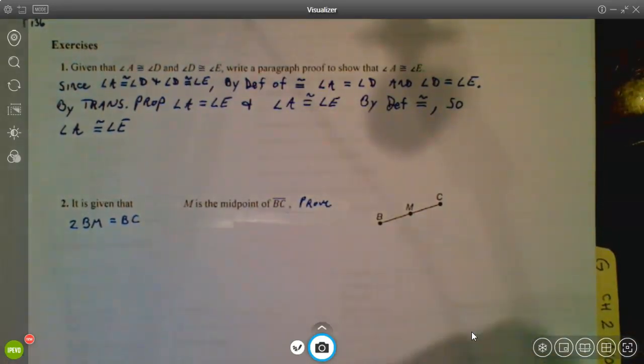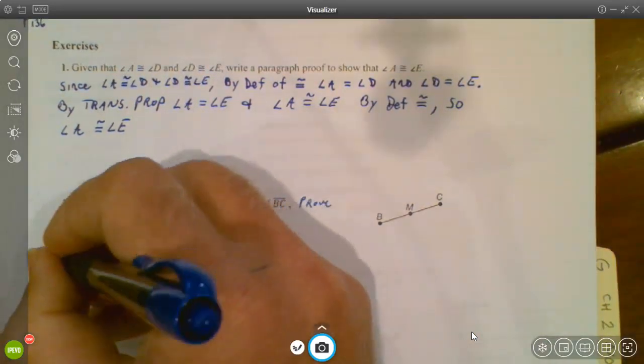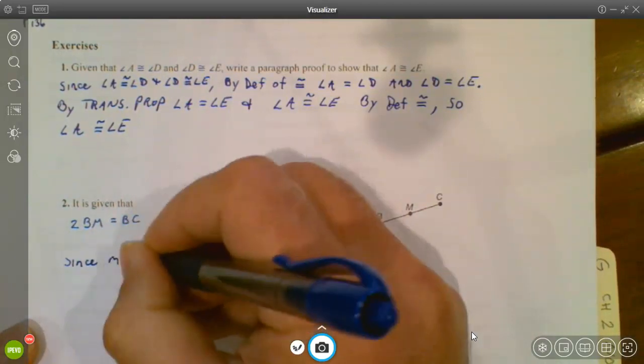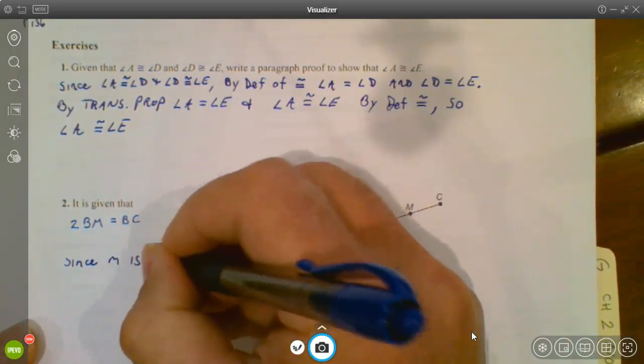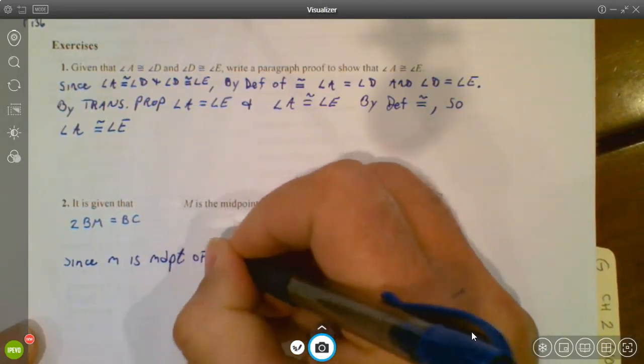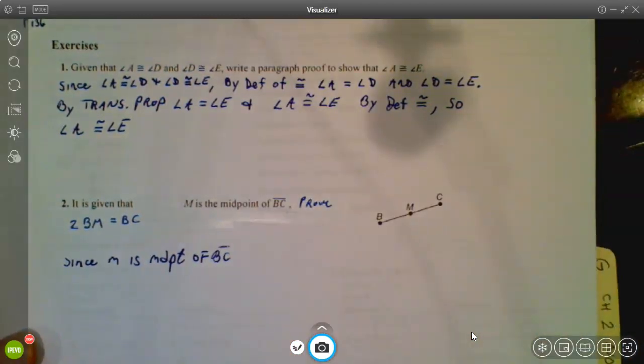So since M is the midpoint of BC, what geometry reasons can we now use to say something further? If M is the midpoint of BC, then what do we know?